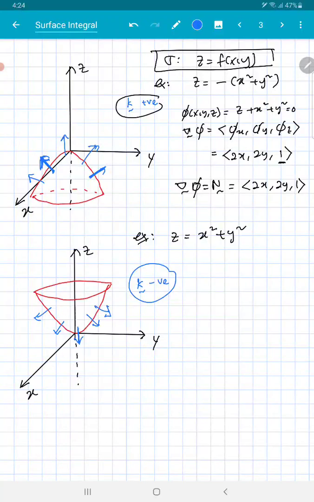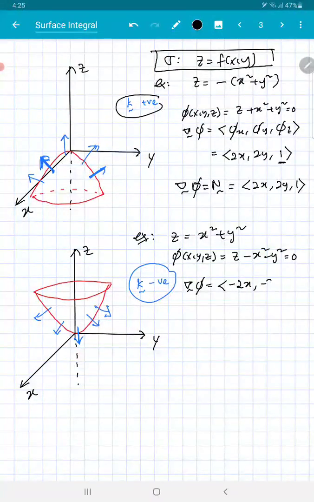Let me rearrange the equation again, because our normal vector is either del phi or negative del phi. The gradient of phi is: differentiating phi with respect to x, we get negative 2x; with respect to y, we get negative 2y; with respect to z, we get 1.